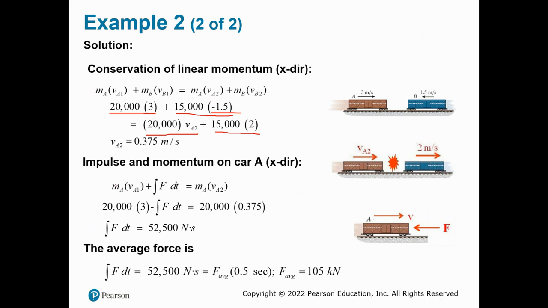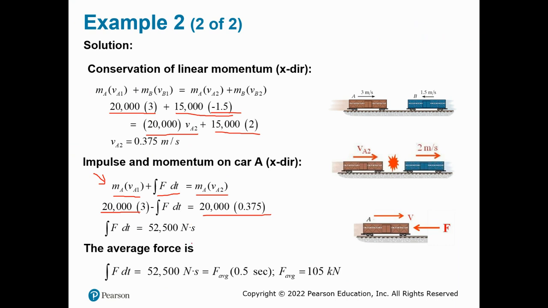And then we're looking at A only. For particle A, initial linear momentum plus the impulse equals my final linear momentum. Initial we know, final we know as well because we calculated the velocity from the previous step.